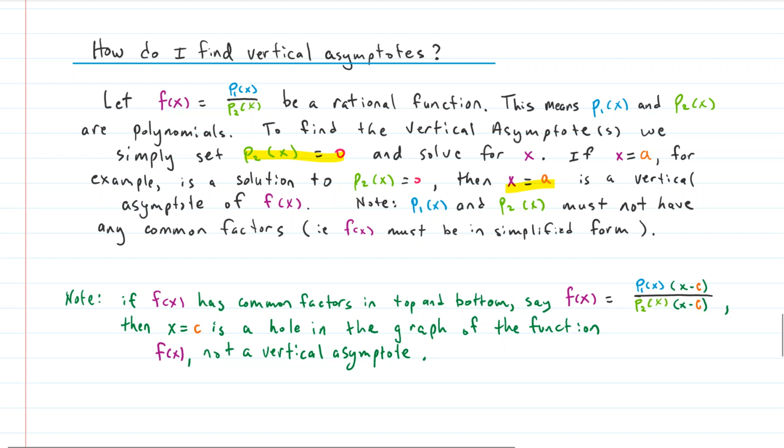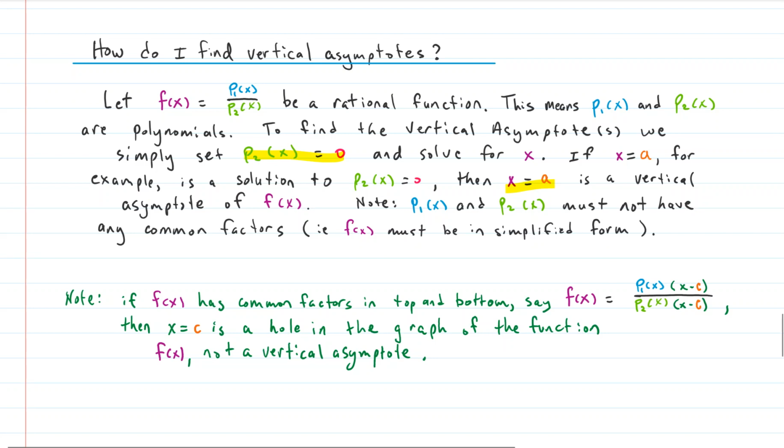And that's it. Just a note, though, you may find that there are some common factors in the top and the bottom when you're given a rational function. And you might think, well, aren't those asymptotes the ones in the bottom? Well, no, because if you have common factors, so say I have polynomial P1 in the top and polynomial P2 in the bottom of my rational function, and then I have this common factor x minus c in the top and in the bottom.